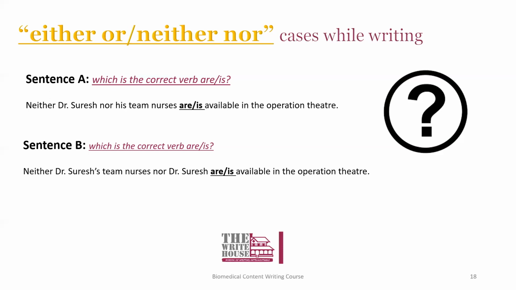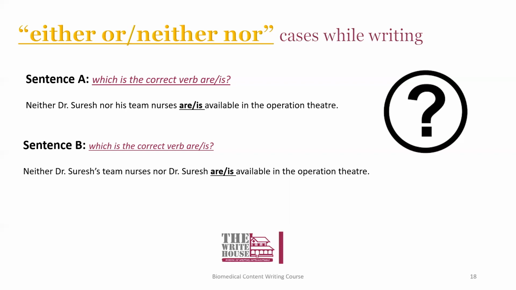Now, as per the rule, when you are using either or, neither nor, whatever is near to your verb, means near to your are and is, that word or subject decides the verb. Now, neither Dr. Suresh nor his team nurses.